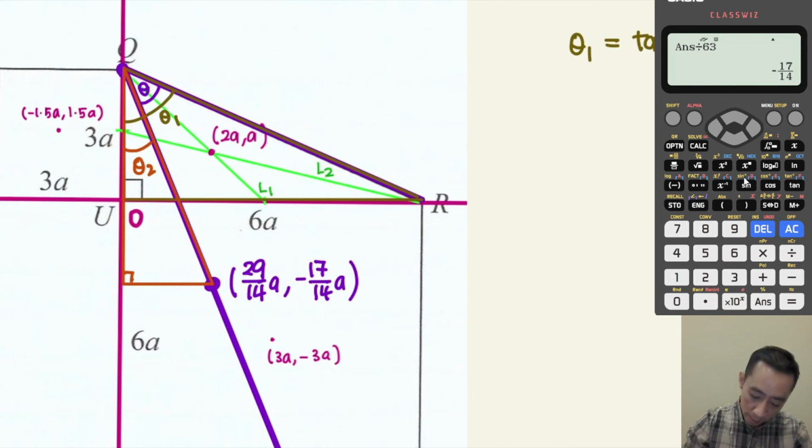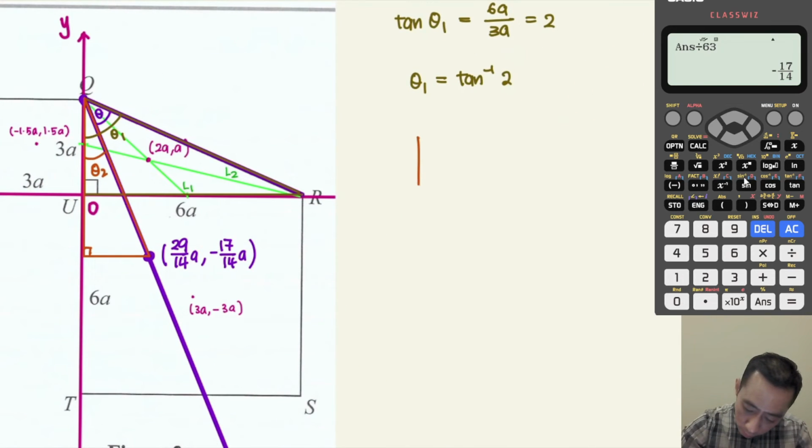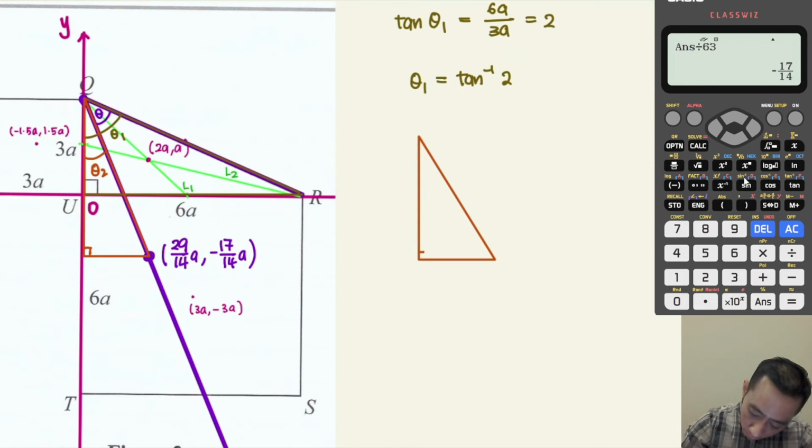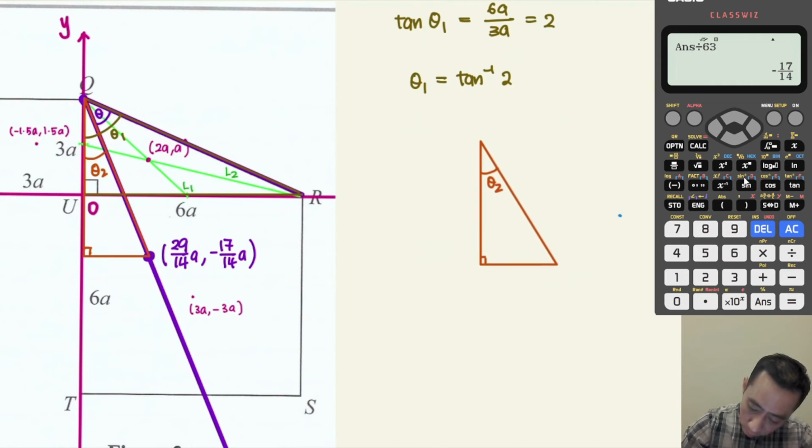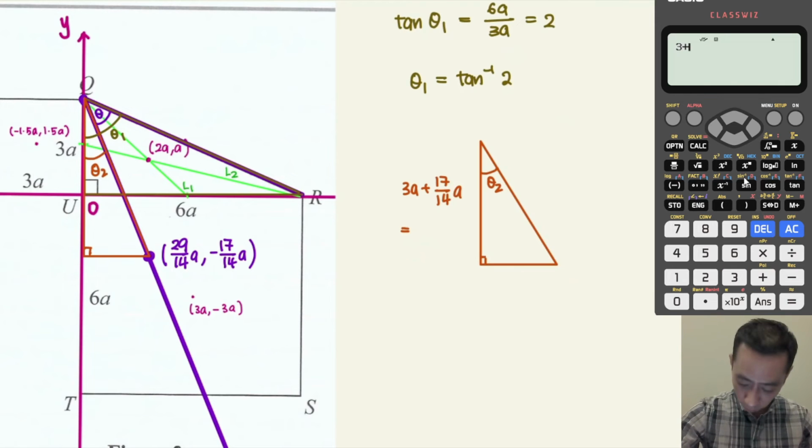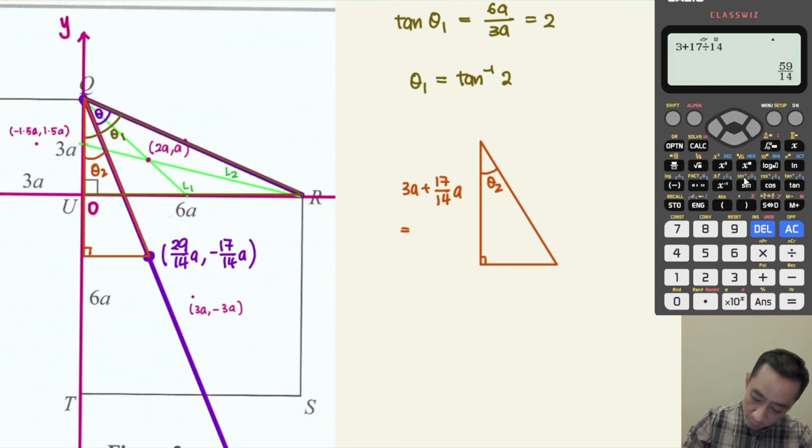So maybe I just redraw the diagram so that we can see it clearly. So 90 degree. So this is the second angle that I need to find. The vertical line here is 3a plus 17 over 14a, which is 3 plus 17 over 14, 59 over 14.